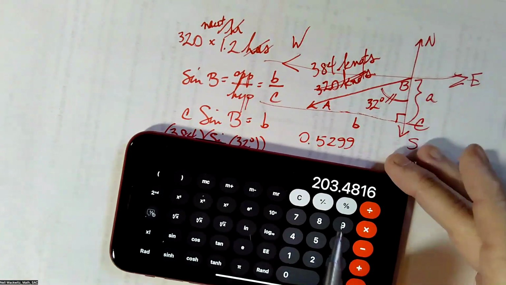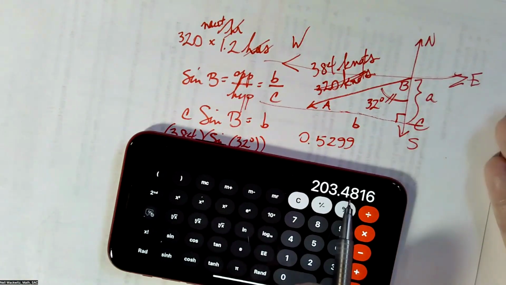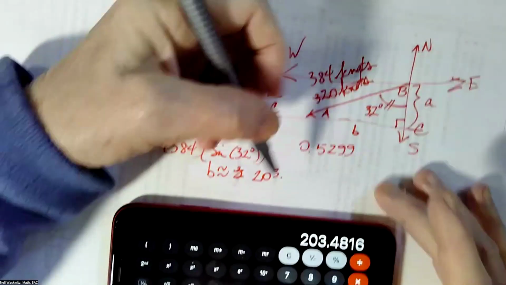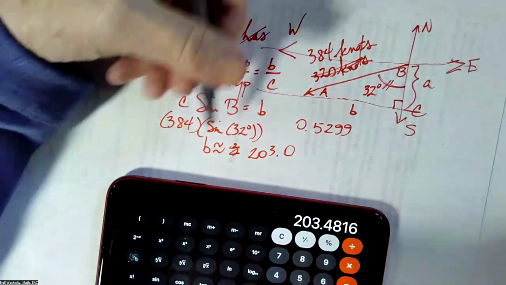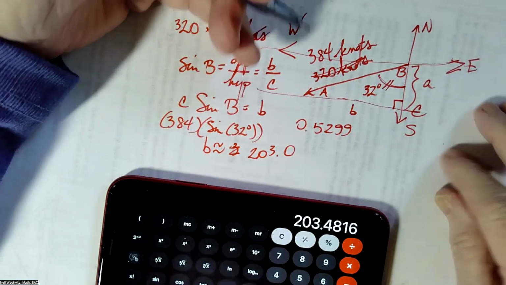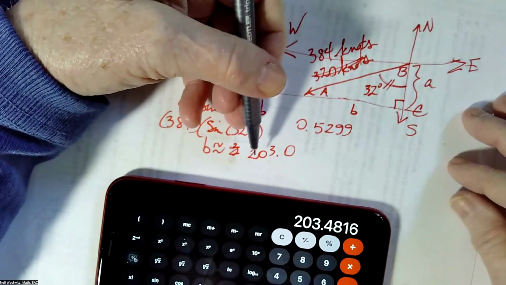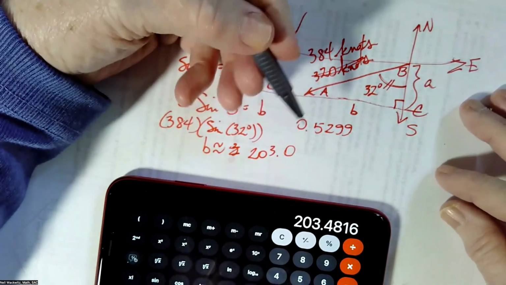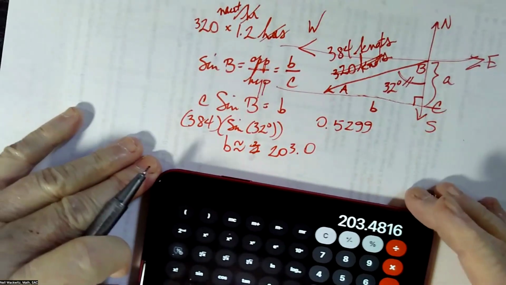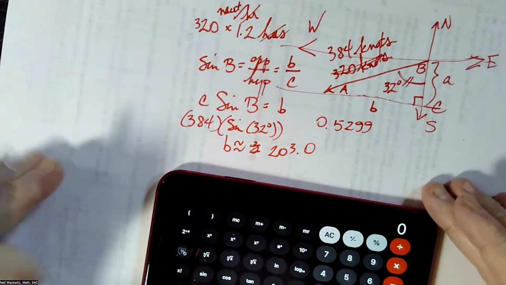So since the first digit after is a 4, it's less than 5, so I leave it there. So b, the horizontal distance, or the distance west, is approximately 203 nautical miles.